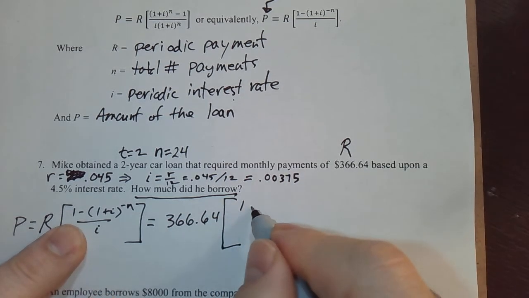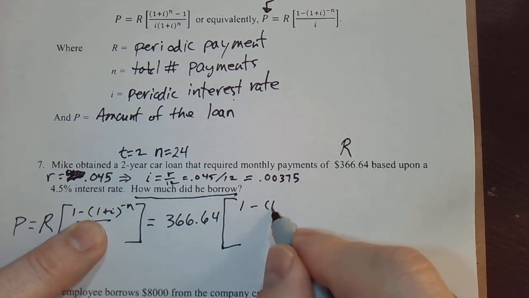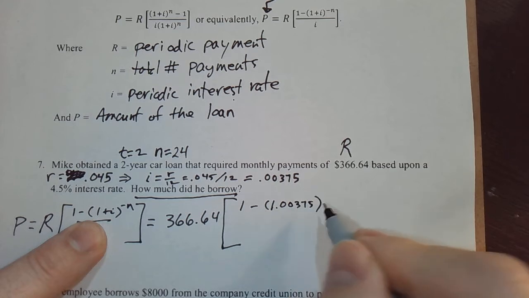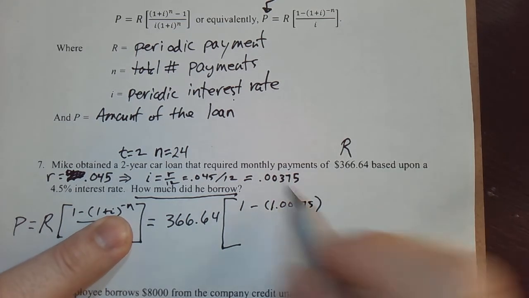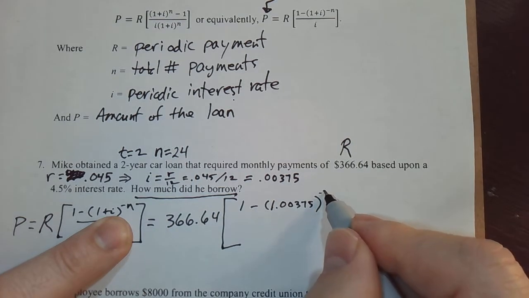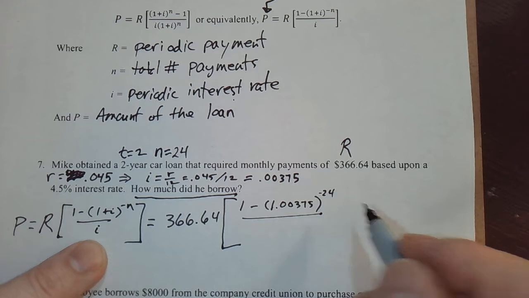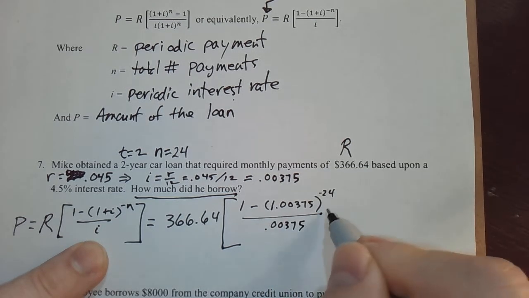Then we have 1 minus 1 plus I, which is 1.00375, raised to the negative N power, the number of payments, and that was 24. So negative 24, all over I, and I is 0.00375.